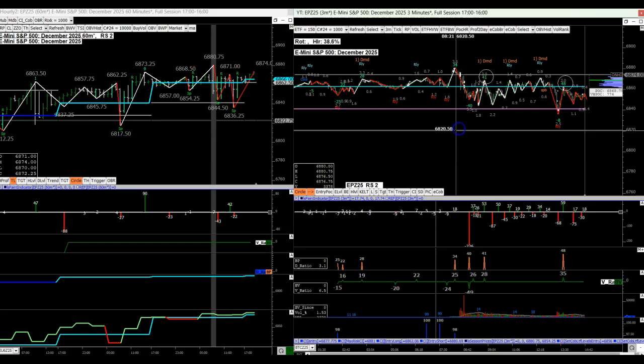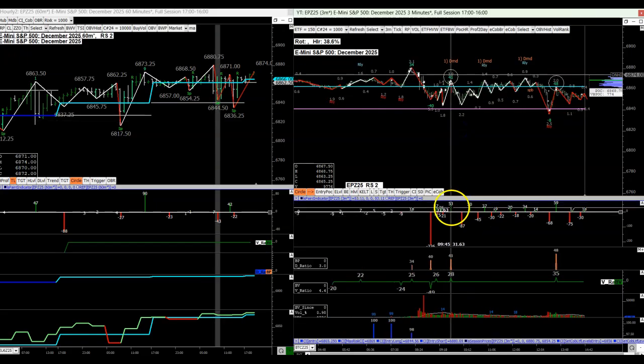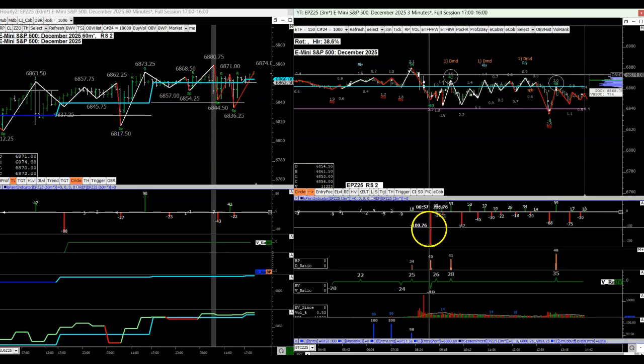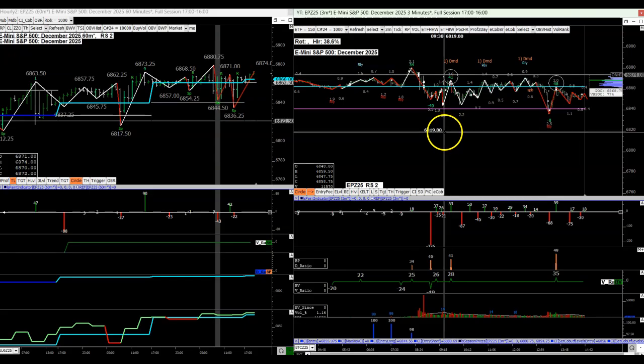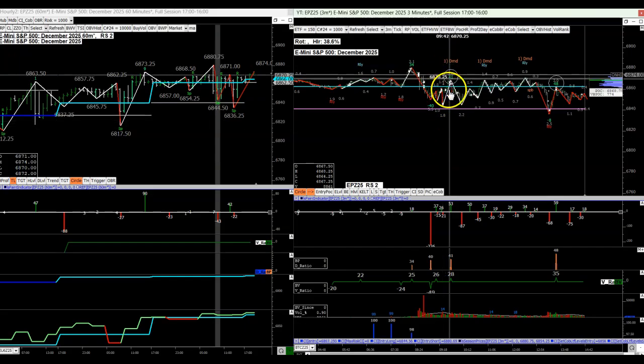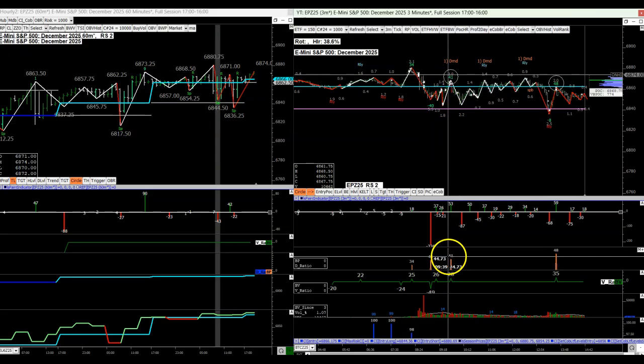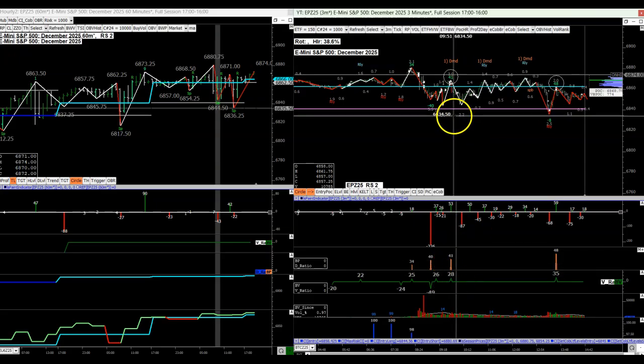So that's valid. I usually like to see a big green bar here, and it is big compared to the background, but the initial selling activity is extremely heavy. So that's not a good sign. Still, the demand did come in, biggest in 41, biggest in 28.